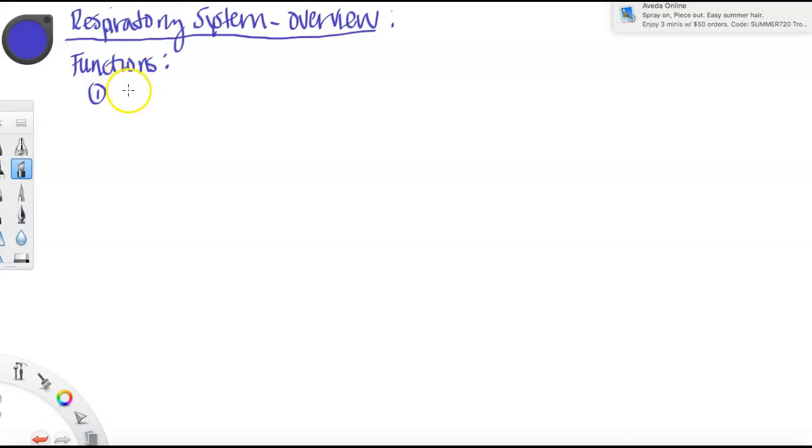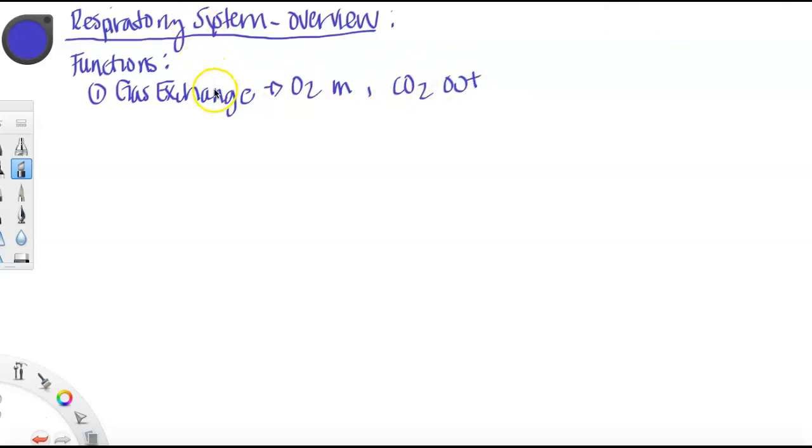Well, the first main function you should think of would be gas exchange. So gas exchange, you need to get oxygen in, and you need to get carbon dioxide out. Okay, we need to do this because we need oxygen in order for our body cells to do cellular respiration.